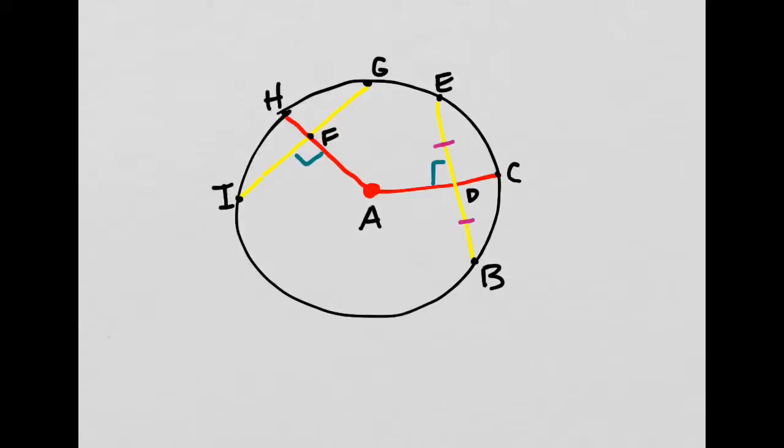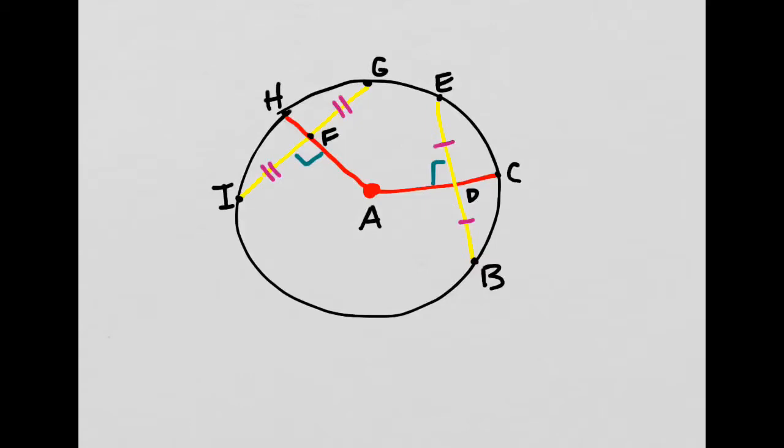Now, secondly, if I know that this angle F is a right angle, then I know that GI is bisected. That means that GF is congruent to IF. If EB intersects AC at a right angle, I know that ED is congruent to DB, this section right in here.